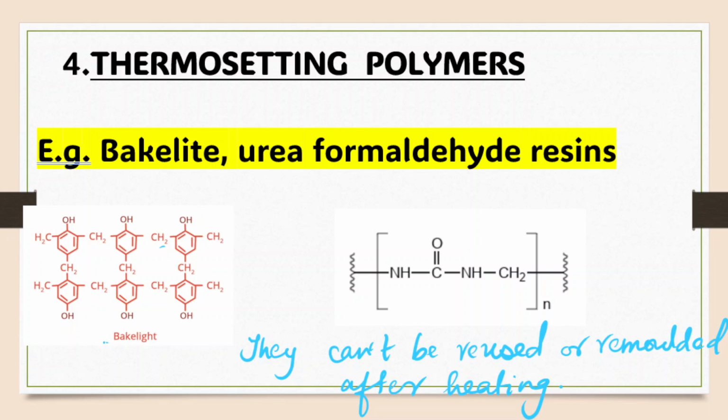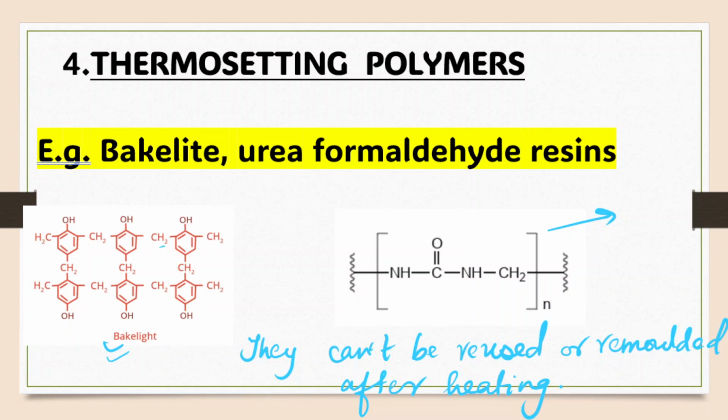So example is bakelite. Bakelite is a common polymer found in switches of electric boards, and this is melamine urea formaldehyde resin. So this is about the thermosetting polymer.